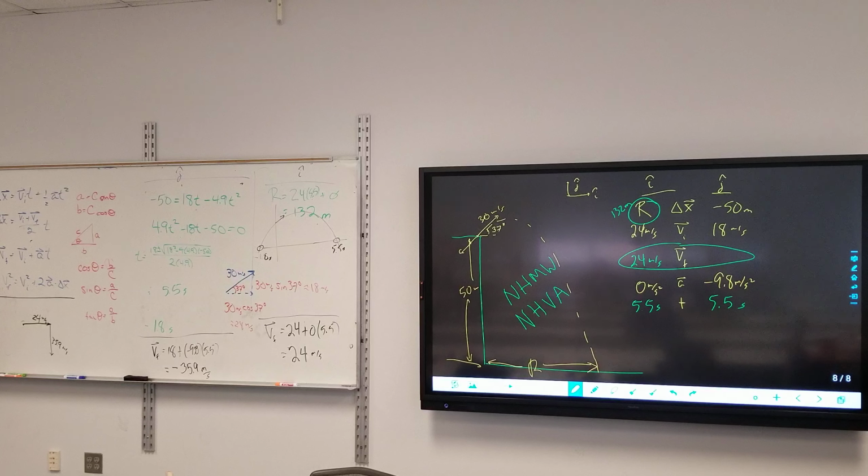The hypotenuse or the resultant. It's a hypotenuse because these are perpendicular to each other, but the resultant is from where you start to where you end. There's my resultant. That is a right angle, conveniently. I guess I'm using R twice there.